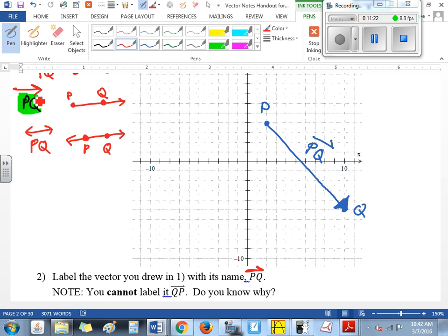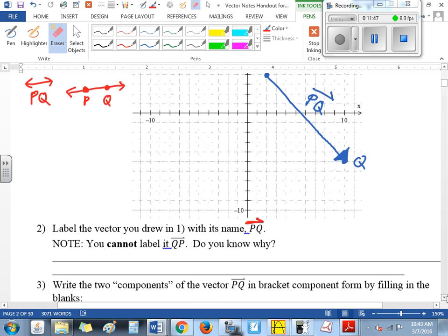You cannot call this QP. I'm sure you know why. Same reason why you can't call this ray QP. You have to call it ray PQ. In the same way with vector, just be careful. Don't call it vector QP. What's the reason for that? Just for fun, you know. Okay, yes. So we will not call it QP.